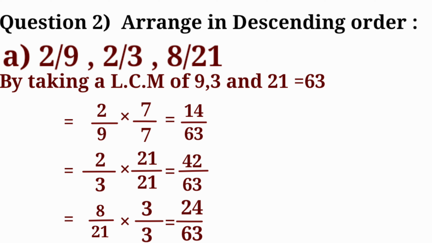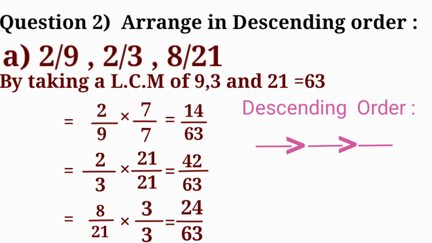So now students, we have 14 upon 63 in the place of 2 by 9, 42 upon 63 in the place of 2 by 3, and 24 upon 63 in the place of 8 by 21. So now you have to arrange these numbers into descending order. So in descending order, we have to arrange the biggest number first.